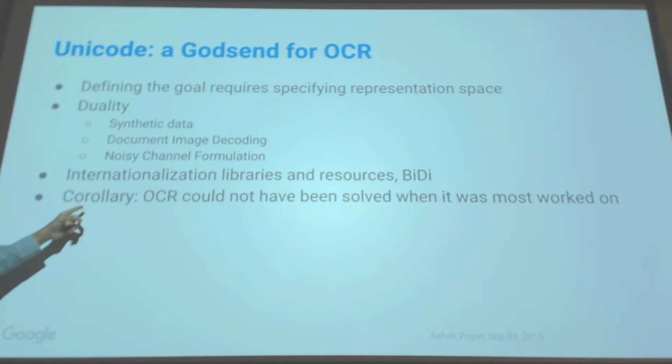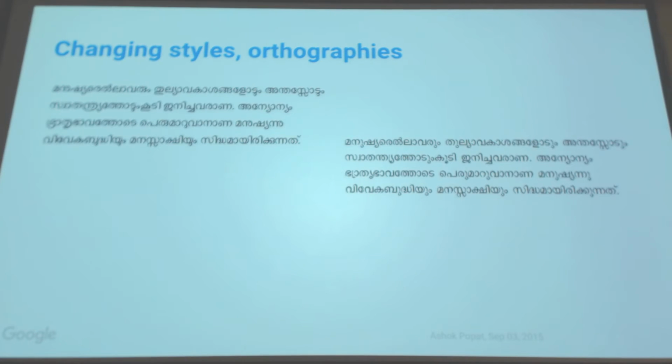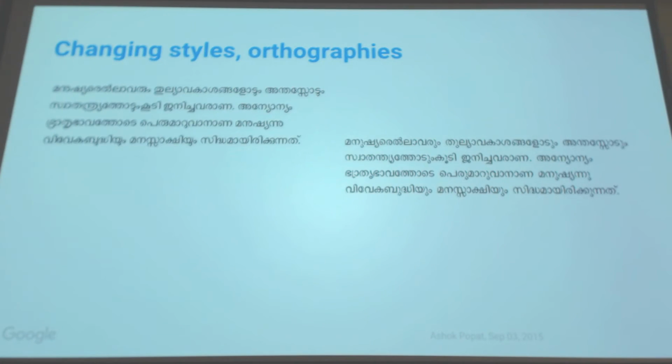And so I claim, and I could be wrong about this, it looks a little bit too strong to say, but maybe when most of the investment was made in OCR, it could not possibly have been solved back then. And now maybe there's less incentive for investments to be made because there's not a lot of money to be made by selling Khmer OCR systems. By the way, I'm in this section of my talk where these are just reflections and observations, and I don't claim to be right about any of this stuff.